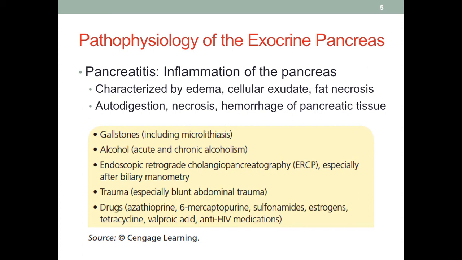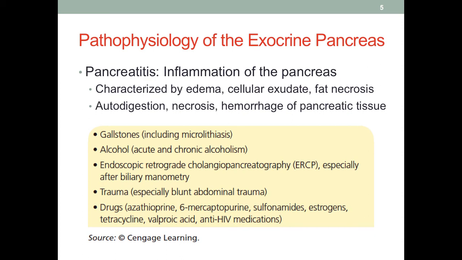Therefore, there will be tissue necrosis, and it could lead to severe hemorrhaging in the pancreatic tissue. In acute cases, some patients will develop multiple organ failure, which calls for intensive care and can be fatal. So this can be a very serious condition.